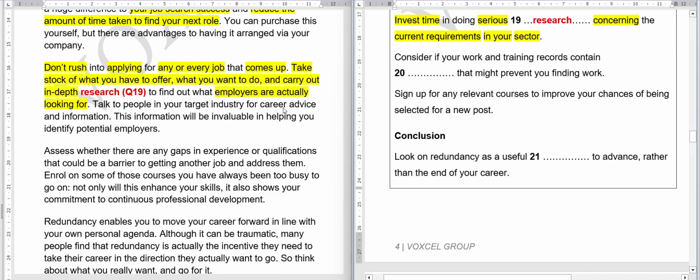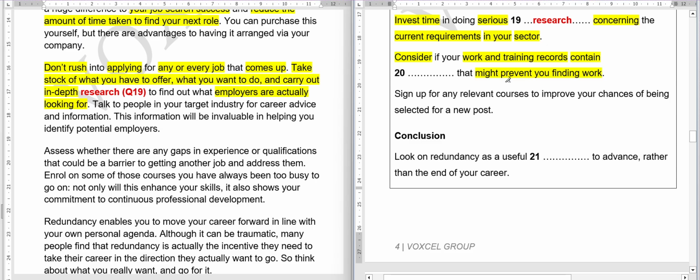Moving forward. 20th question. Consider if your work and training records contain dash that might prevent you finding work. So you have to consider, think about whether your work or your training records contain something that might prevent you from finding work.